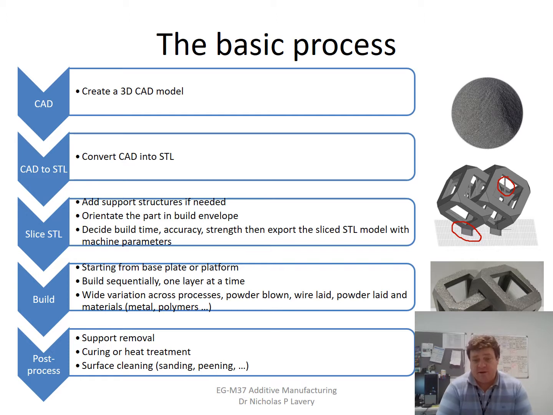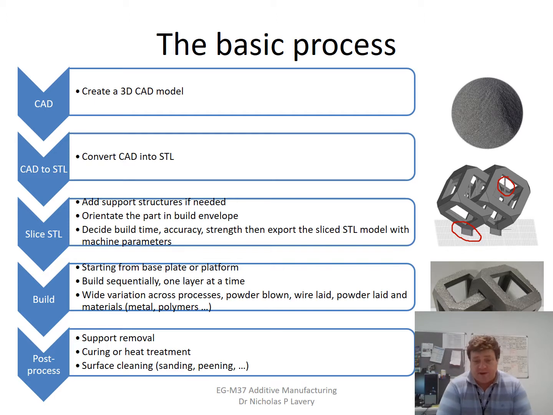Wire can be laid with various heat sources, be they arc welding or TIG weld or electron beam. The powder can be laid on the bed in the powder bed systems. And of course, there are also wide variations of the type of materials. So metals we've mainly discussed a lot in the course, but in the same way, powder bed for polymers will work. At this point, it would be a different type of build.